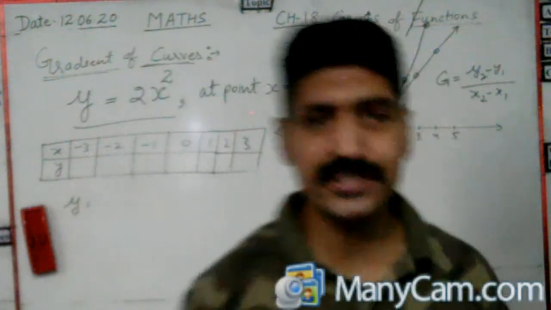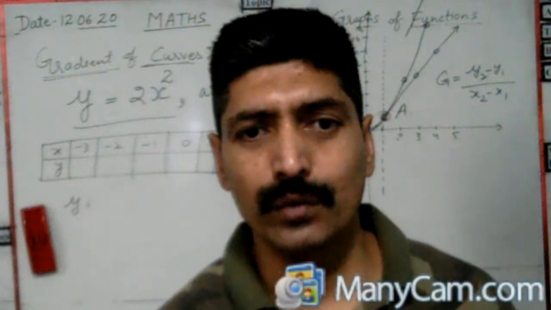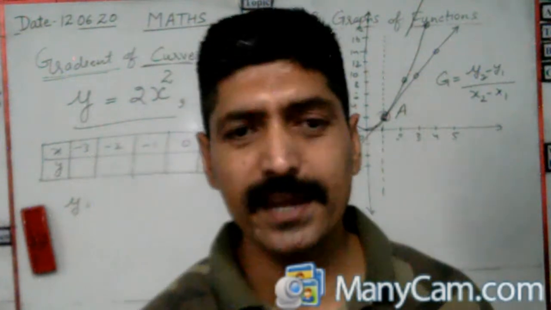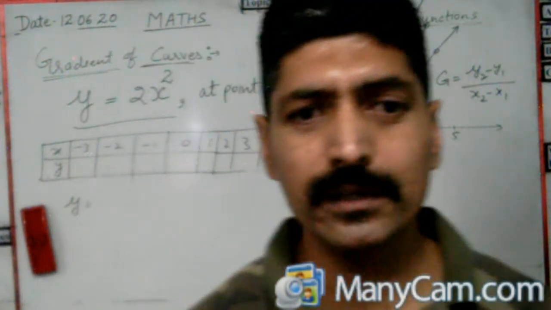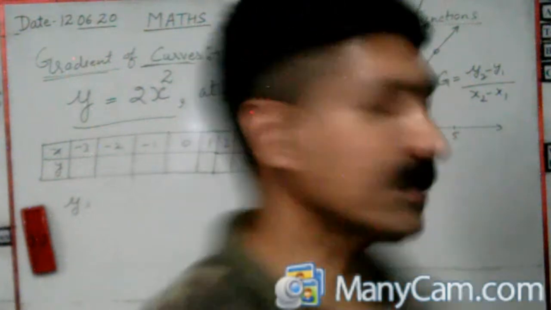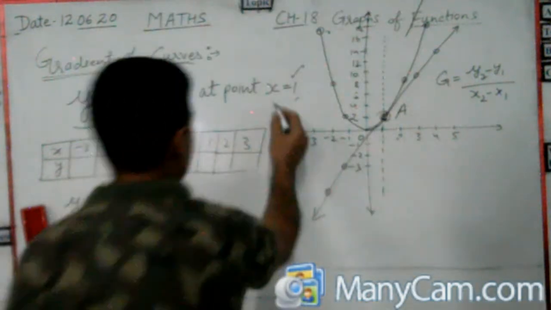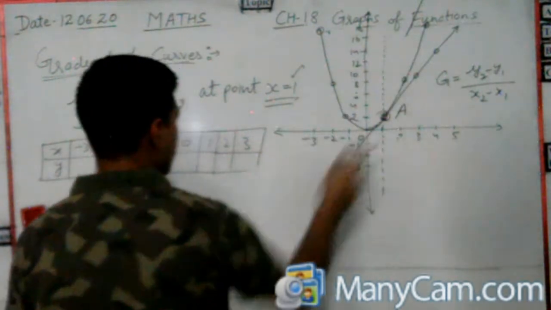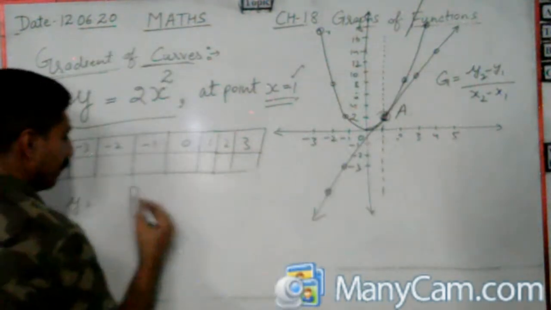This is a tangent to the graph which is touching the graph at point A. A is called the point of contact.